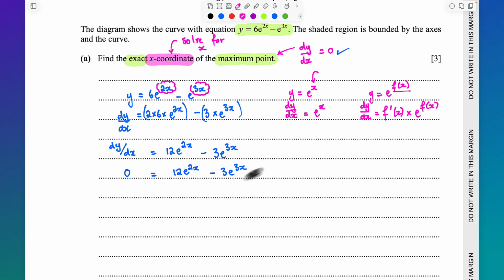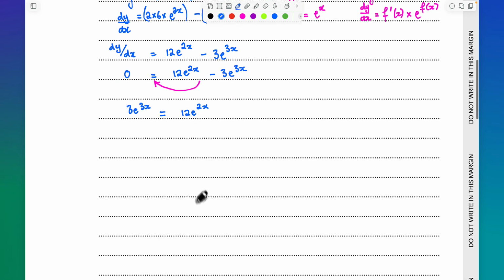So take this expression, you have to make x the subject of the formula. I'm going to take this to the other side, right? Remember when it crosses the equal sign, that negative 3e to the power of 3x becomes positive. So this expression is now 3e to the power of 3x, that's positive, equal to 12e to the power of 2x.